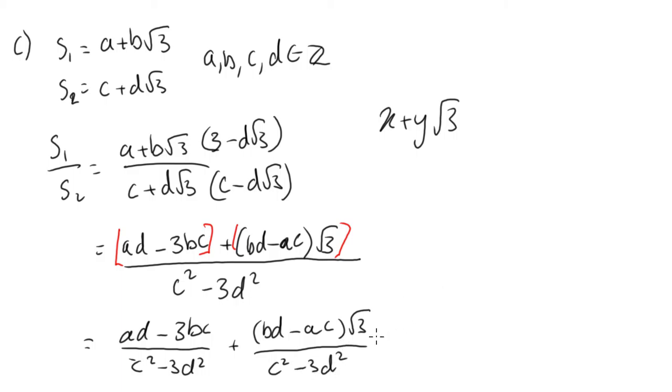Okay, so here we have a bit of a problem, because if we take an integer and we divide it by another integer, we may not get another integer out of it.